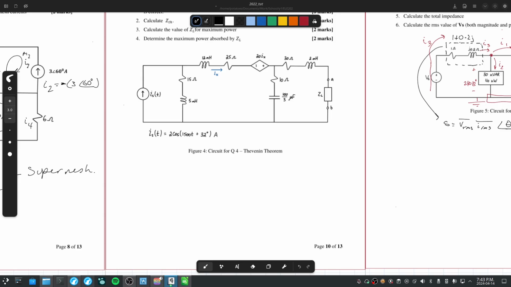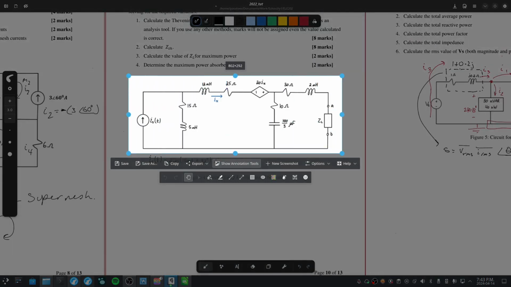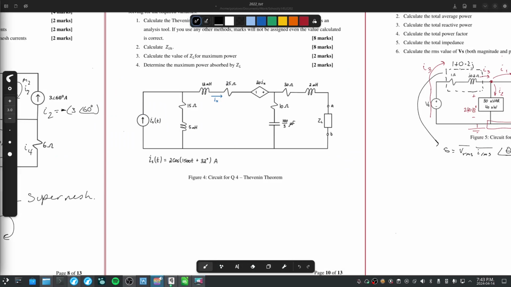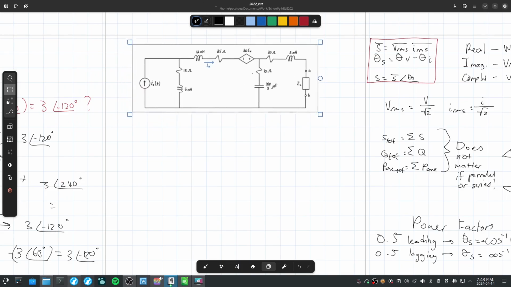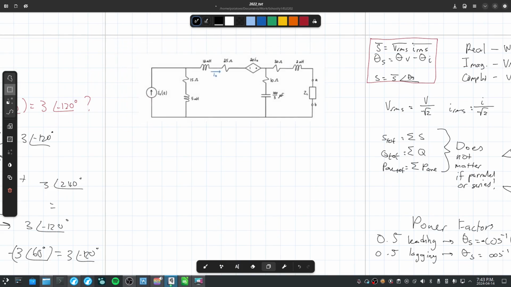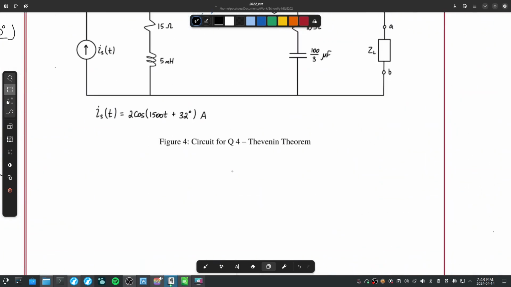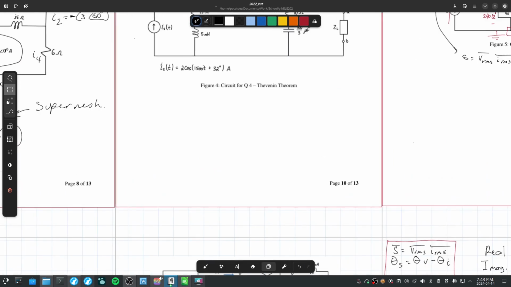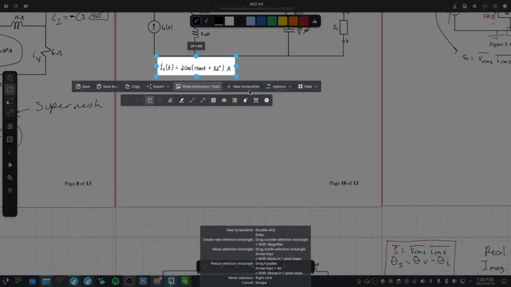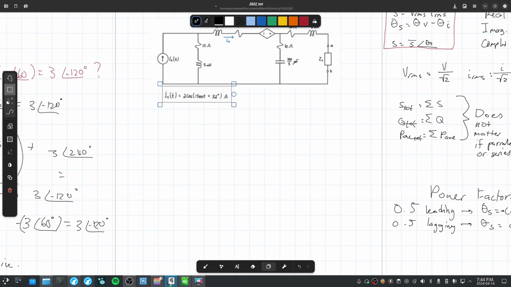So, let's start. Let's first start by converting this circuit into phasor domain. IS is given there, and that is our only source.